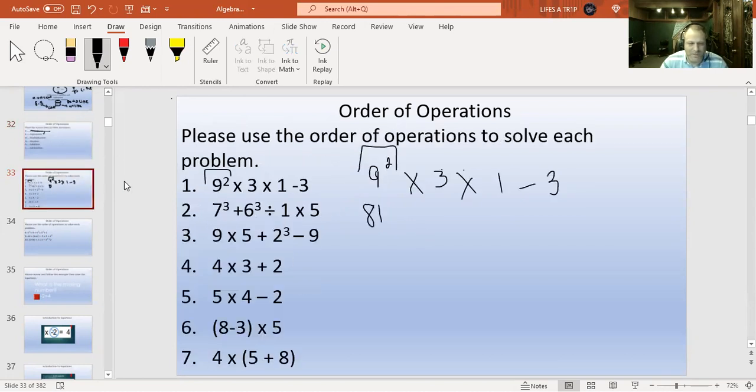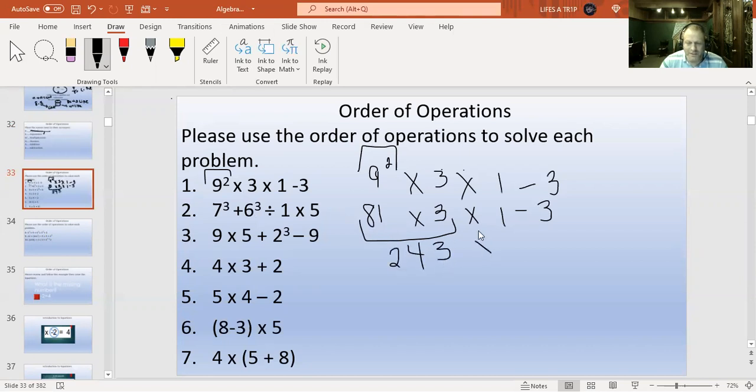What else do we have? Multiplication. Do we have any multiplication in here? Yes, we do. Actually, guys, I like to bring everything down so I can look at it as it's happening one by one. So next, do we have multiplication? Yes, we do. So that's going to be 243.